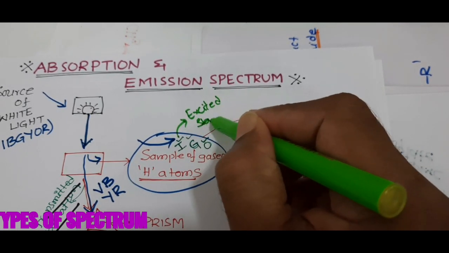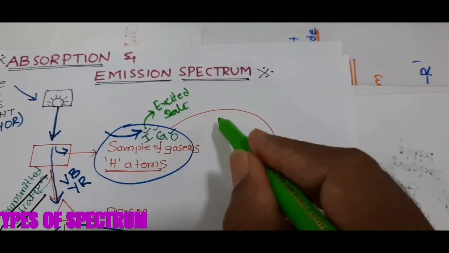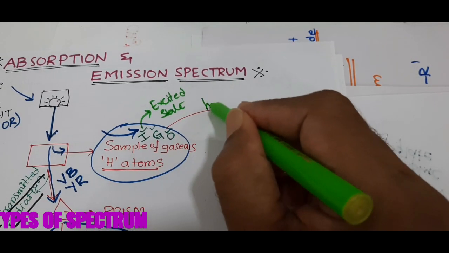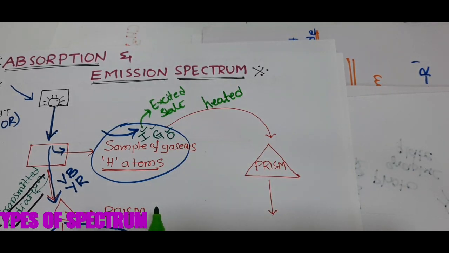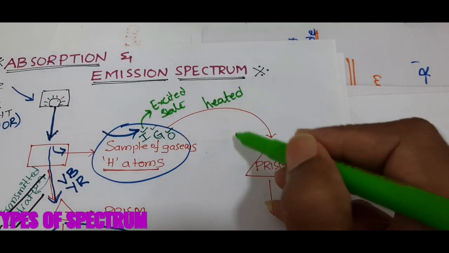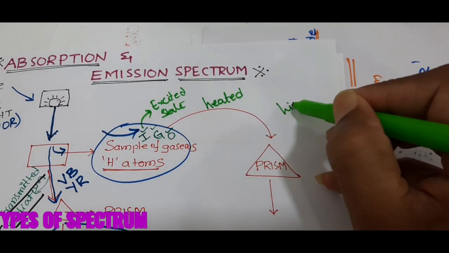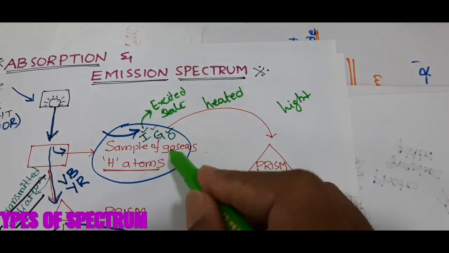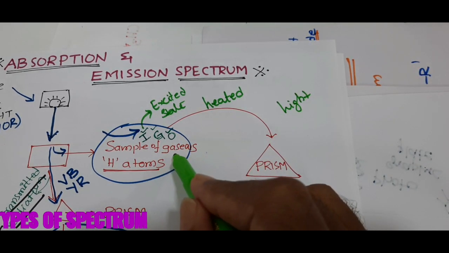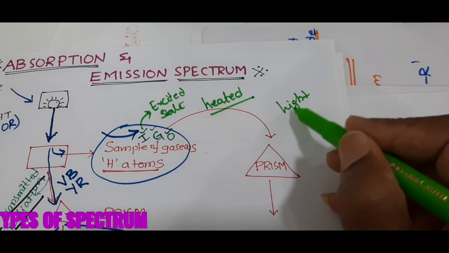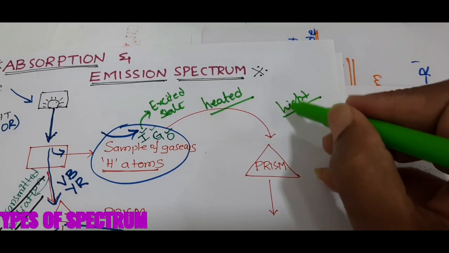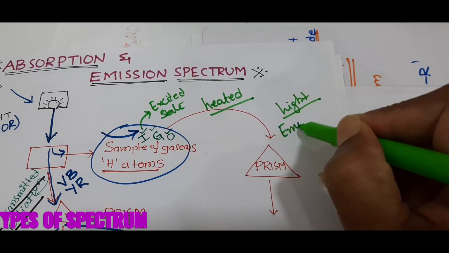If this hydrogen gas sample is now heated, they will be excited again, and in the excited state they are very unstable. They release their energy in the form of light. Simply, this sample of hydrogen gas, when heated, releases its absorbed energy in the form of light. That light is called emitted radiation.